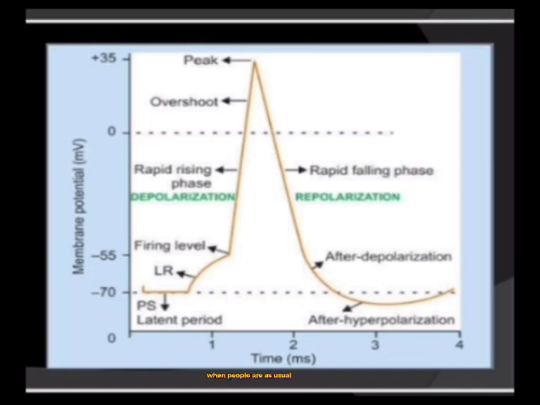When the polarization is complete, the sodium ion channels close. When the polarization is complete, look, these sodium ion channels close. It's closed.